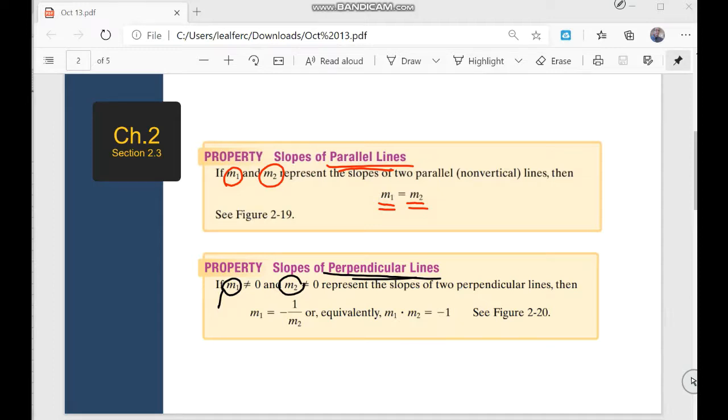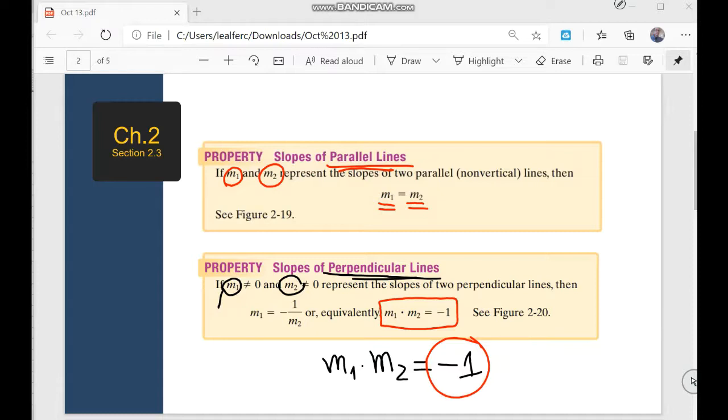And actually, what you're going to remember is this property here. If you multiply slope of line 1 by slope of line 2, and we get -1, this means line 1 is perpendicular to line 2. This is the property that makes you realize that line 1 and line 2 are perpendicular.